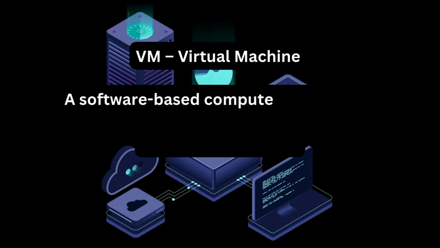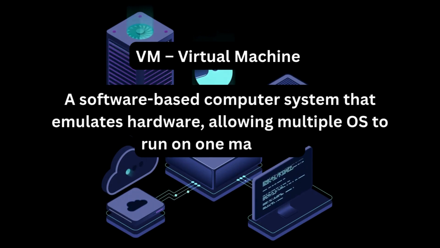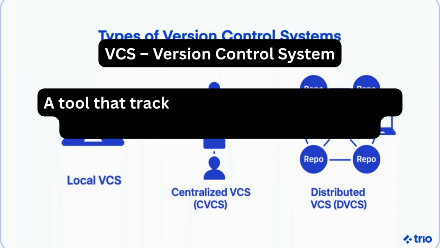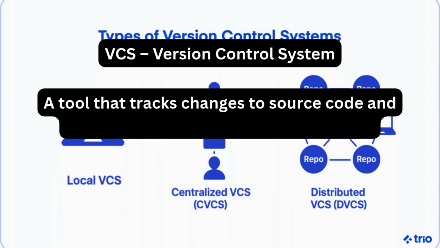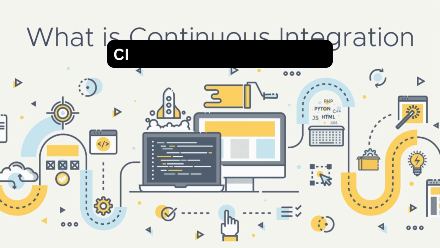A software-based computer system that emulates hardware, allowing multiple operating systems to run on one machine. VCS, Version Control System. A tool that tracks changes to source code and allows collaboration. Example: Git, SVN.